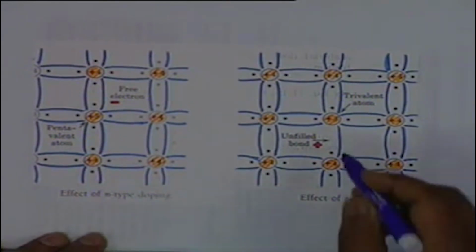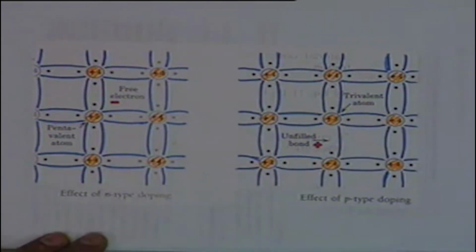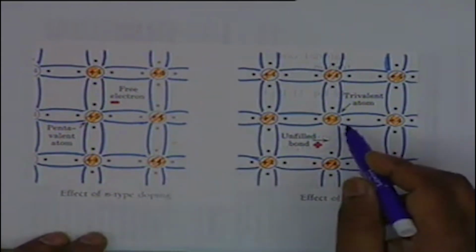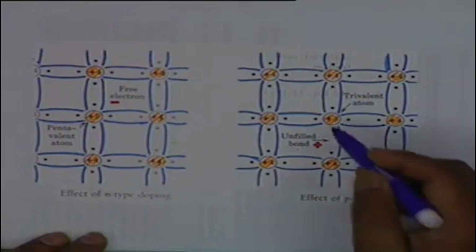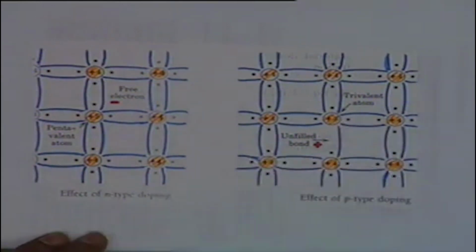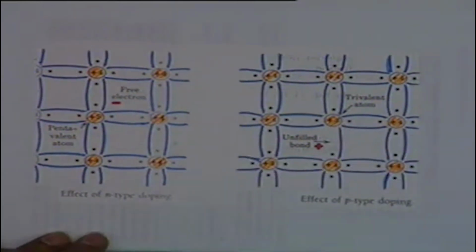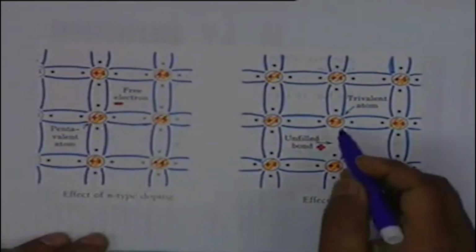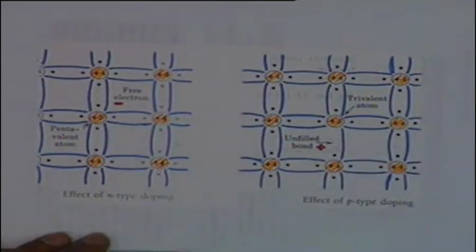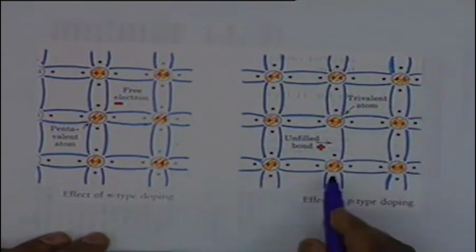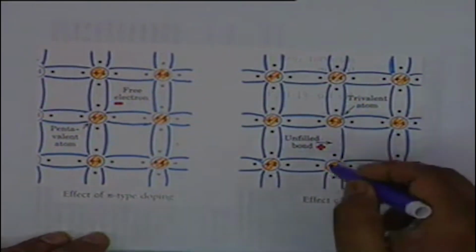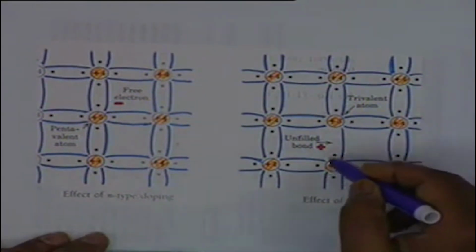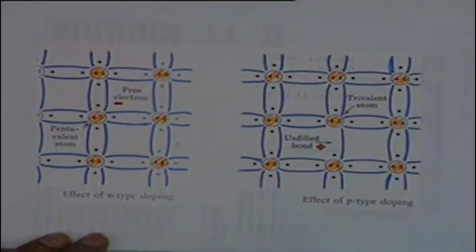On the other hand, if you inject a trivalent impurity like boron, well, boron has only 3 electrons to give. So, it is a beggar. It accepts another electron. If it takes a position of a silicon, one of the hands of the neighboring silicon cannot be satisfied by this, and therefore there is an unfilled bond or a hole.